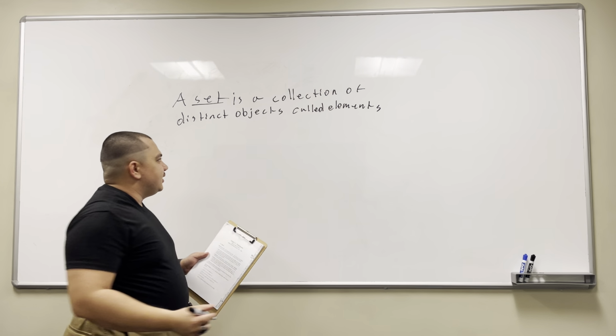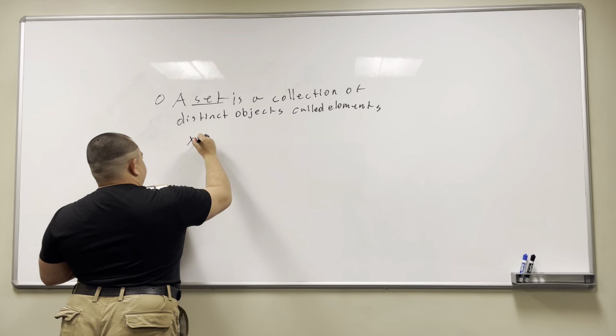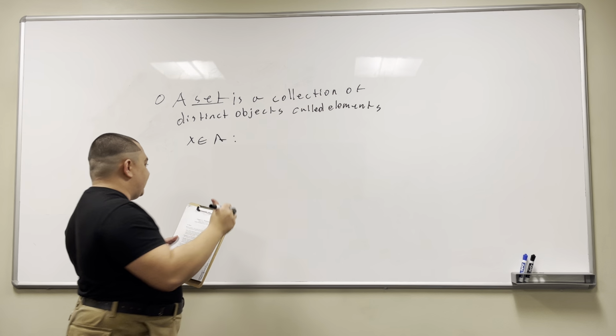Some of the notation for this, for some this may be more obvious than for others, so I'll just write it out here. That means x is an element of A.